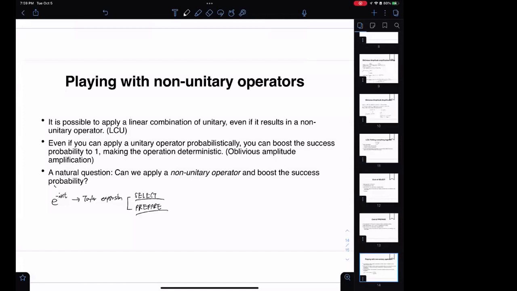Yeah, I have a very general question. There are all these wonderful schemes for improving the efficiency of quantum computation or Hamiltonian simulation.